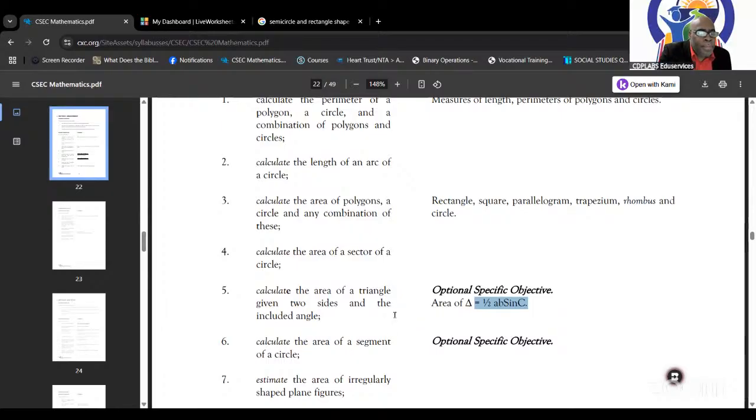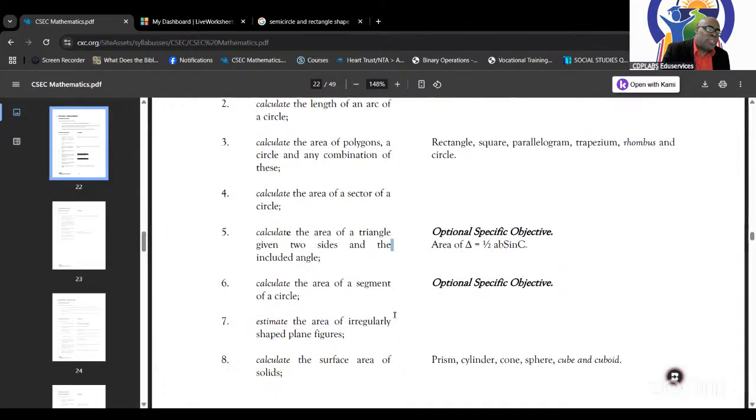All right. Now, it's the area of a segment of a circle. The area of a segment of a circle. Now, it all depends on what the segment looks like, right? Do you know the composition of a segment?